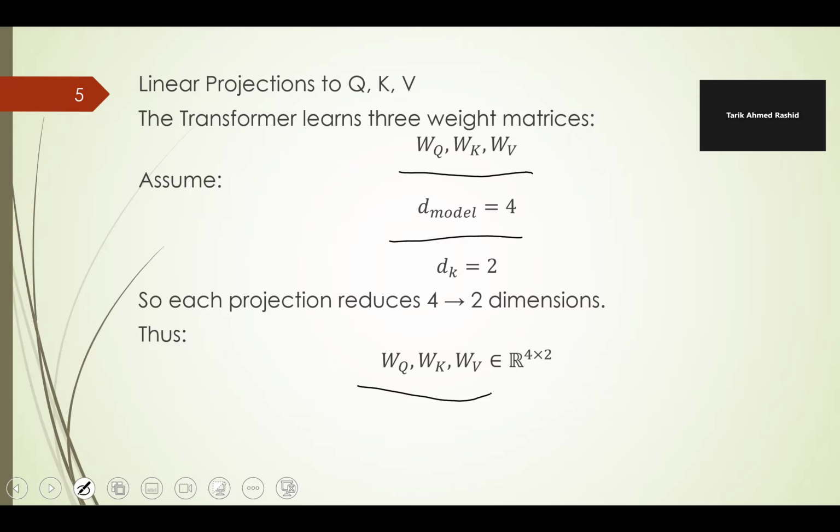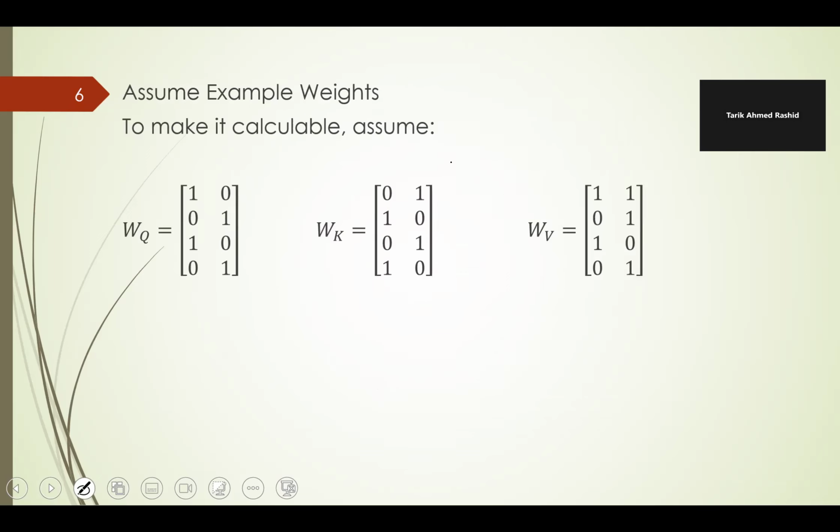It means we have 4 rows and 2 columns. That's what we are going to do. So we create WV, WK, WQ. Each one of them is 4 by 2, 4 rows by 2 columns, and these are randomly assumed. Each one of them is assumed randomly.